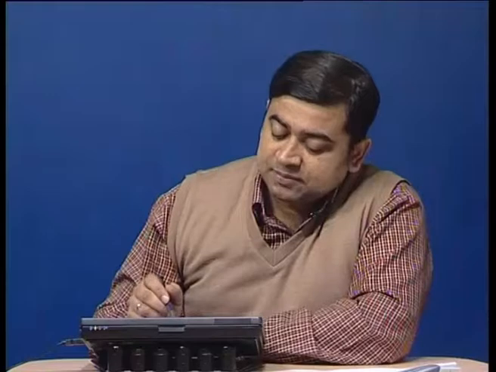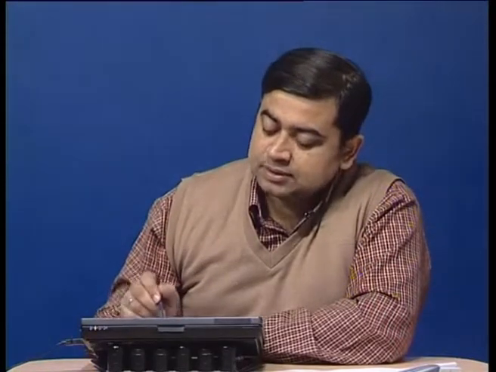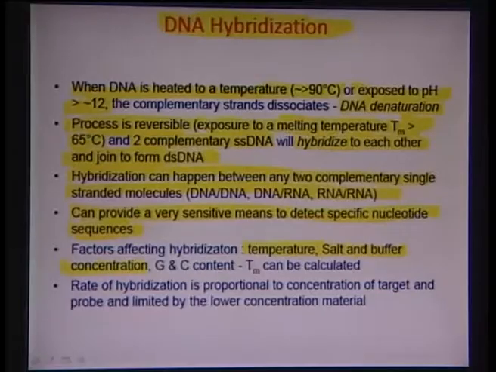There are several factors which affect this hybridization process: variation in temperature, salt and buffer concentrations, and the guanine cytosine content are some of the things which vary the hybridization property. Logically that makes sense, because the more cytosine and guanine, the more triple hydrogen bonds.